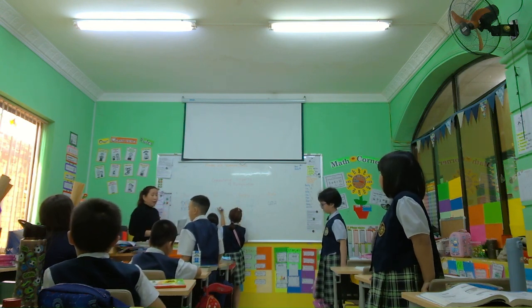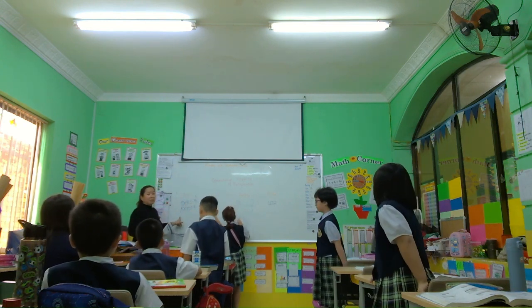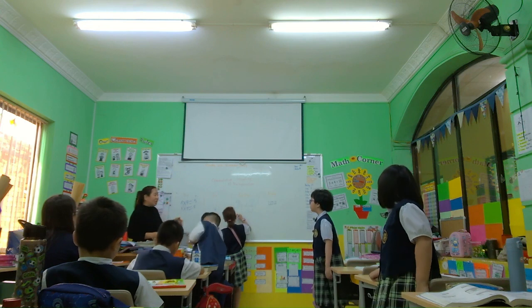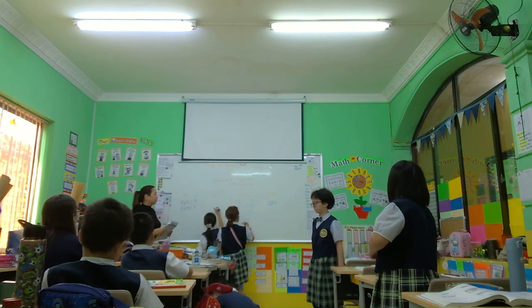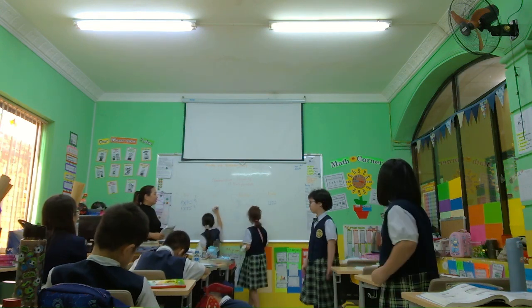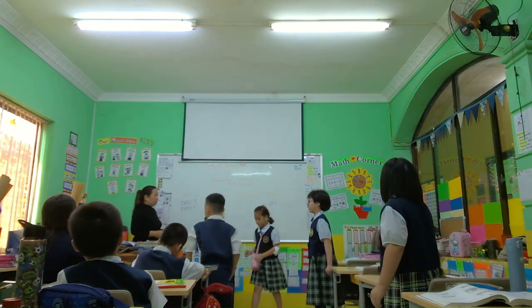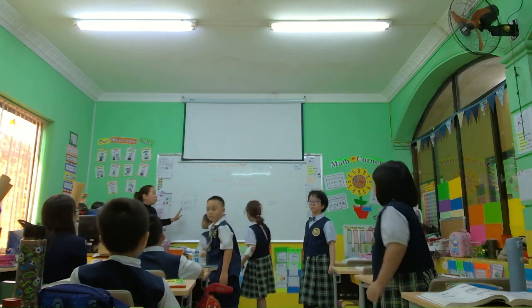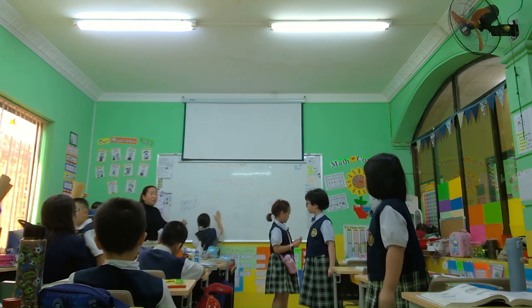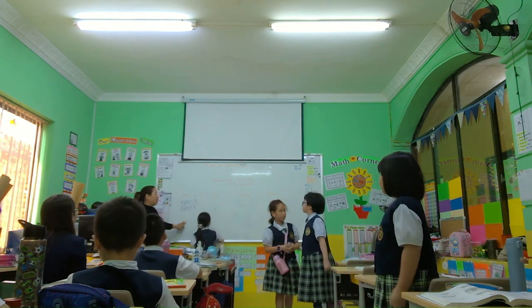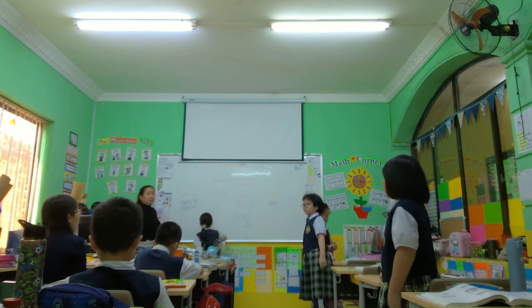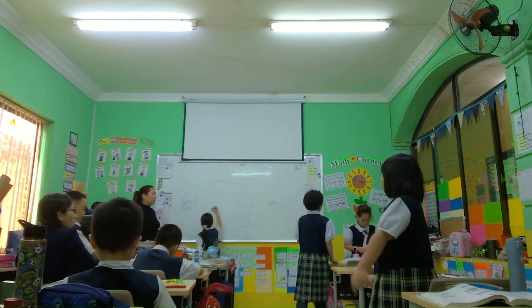Why do you need to write only one answer? So you're going to give the others the chance. Always remember, if you're going to write something on the board, make sure that your handwriting can be understood by everybody. I can't understand Becky's.